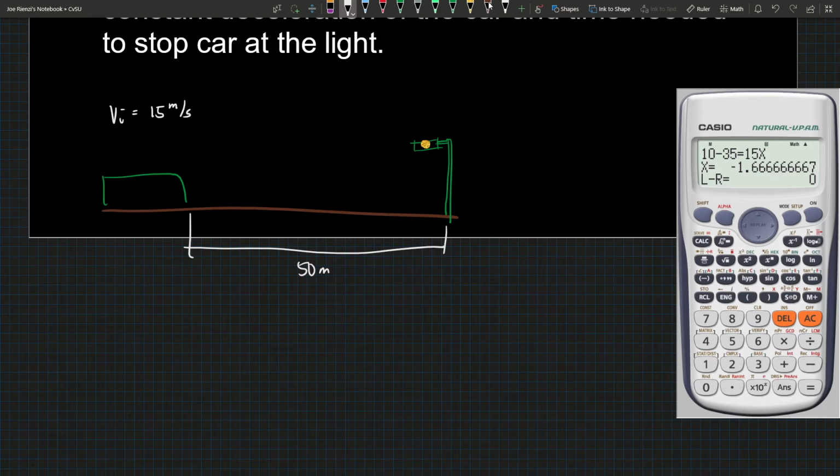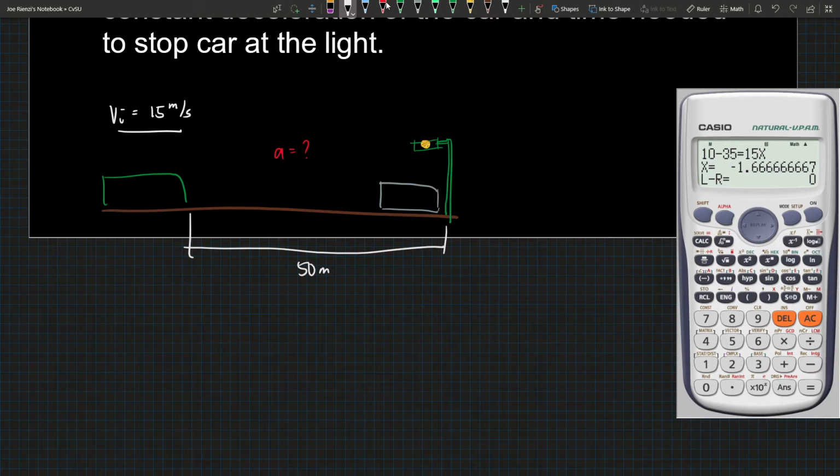The question is, what is the constant deceleration? So, what is the constant deceleration na kailangan para ma-stop yung vehicle dito sa point ng traffic lights? So, sakto lang sa 50 meters. So, again, balikan lang natin yung mga formula natin. Alam natin, meron tayong initial.